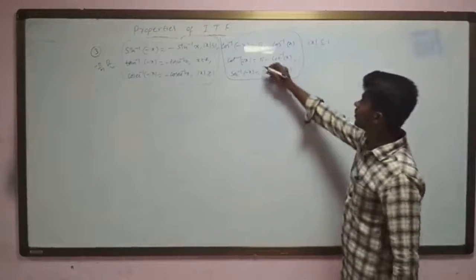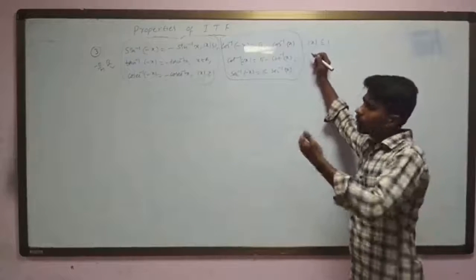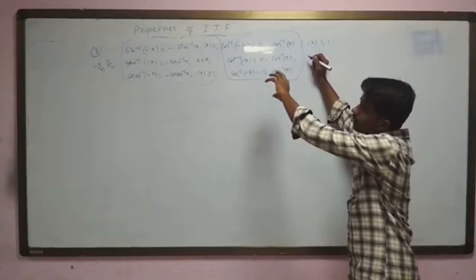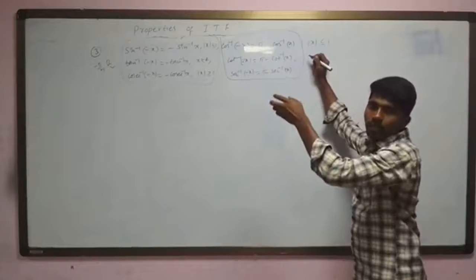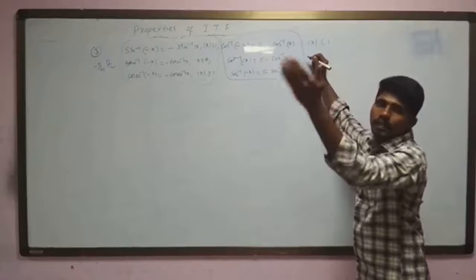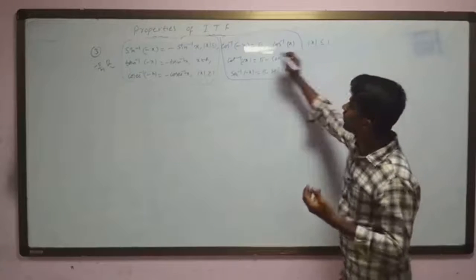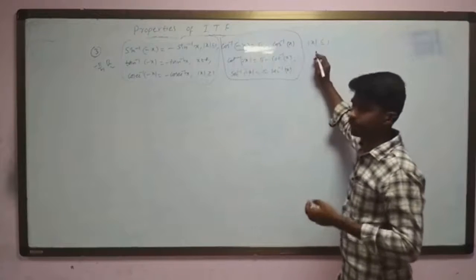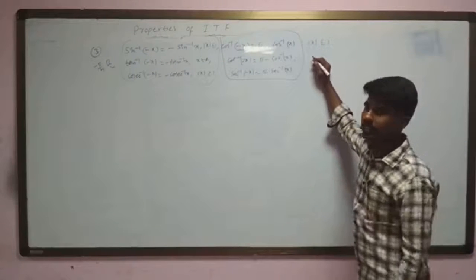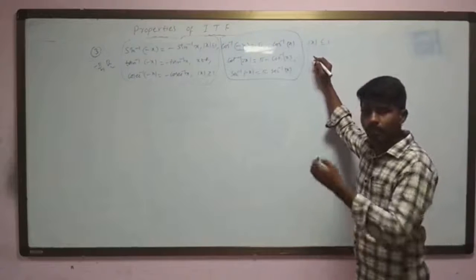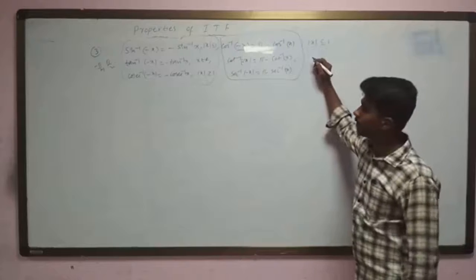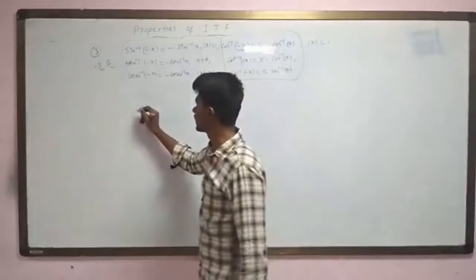But coming to these, they do not belong to the fourth quadrant. These are the functions whose ranges lie between the first and second quadrant. So if we get a particular value in the fourth quadrant, we have to convert that into the second quadrant.